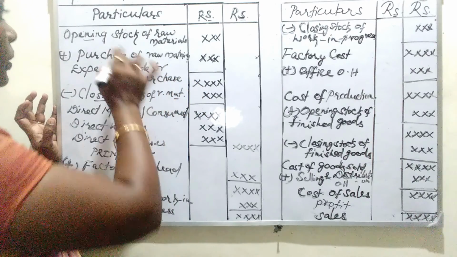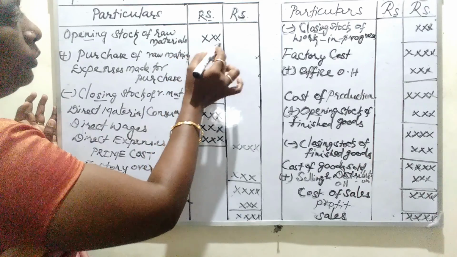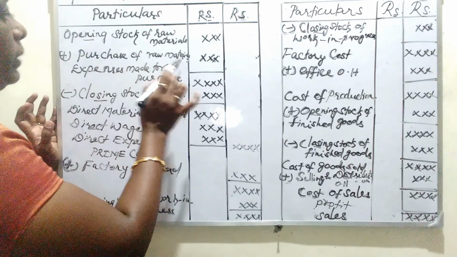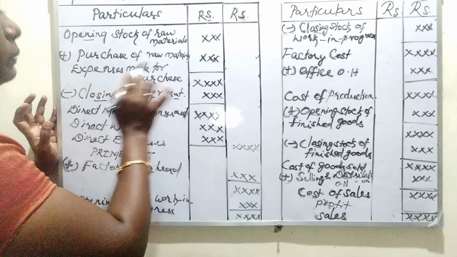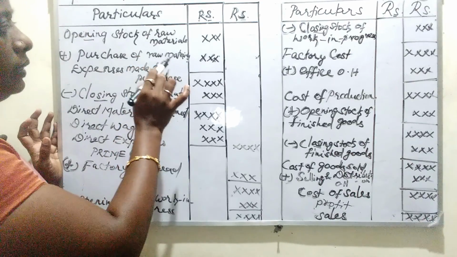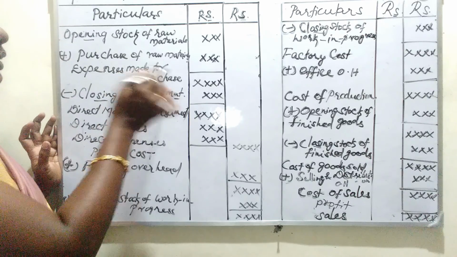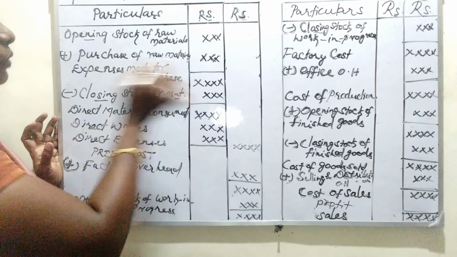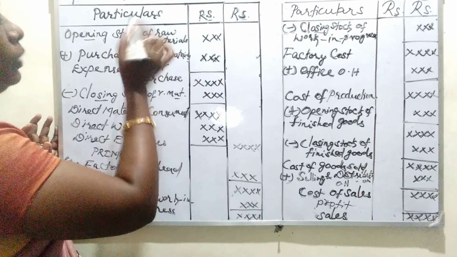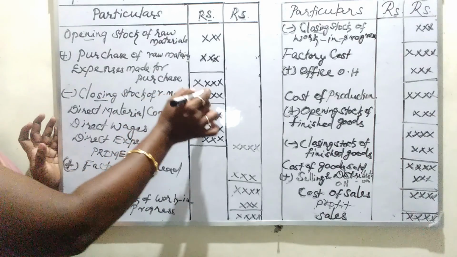So opening stock of raw material is mentioned first, and in the inner amount column we mention the amount. Then add the purchase of raw material, then the expenses made for purchase. We have to add both the raw material purchase in the current year and the expenses made for purchase of raw material. We add this to the opening stock and deduct the closing stock of raw material.